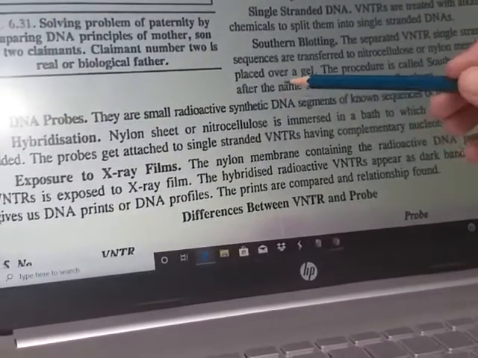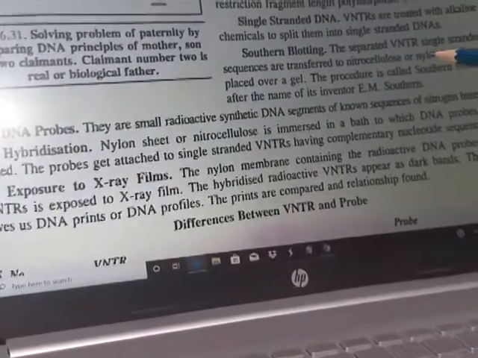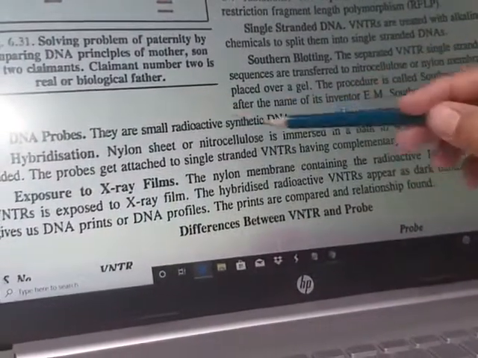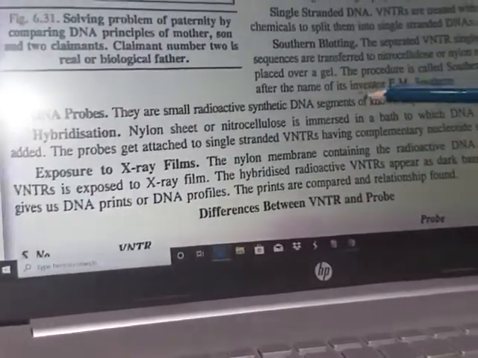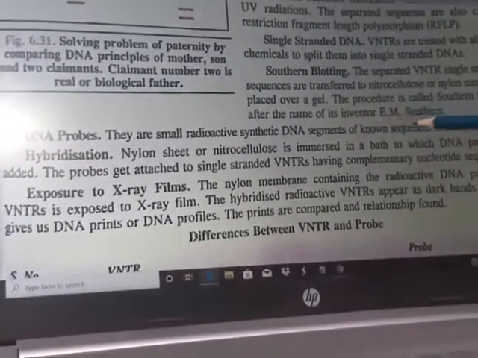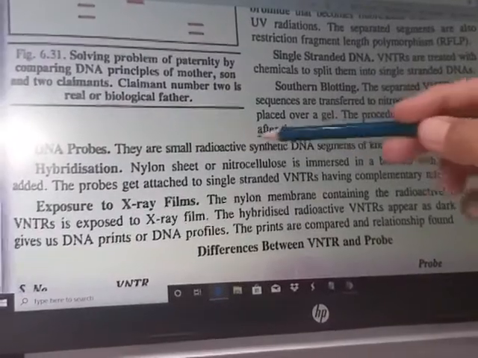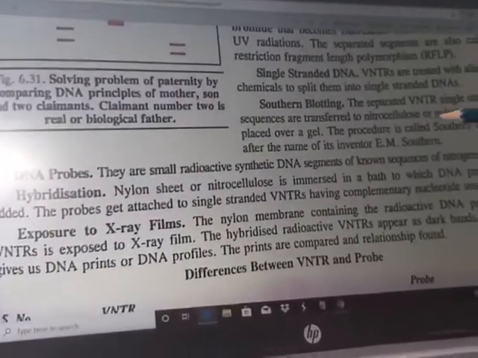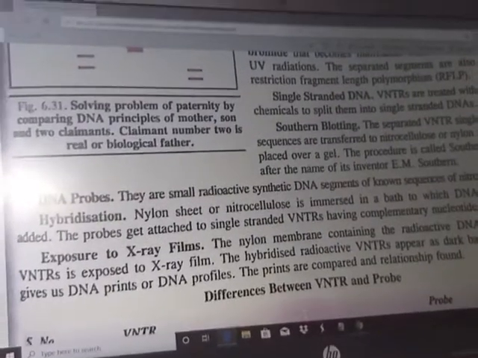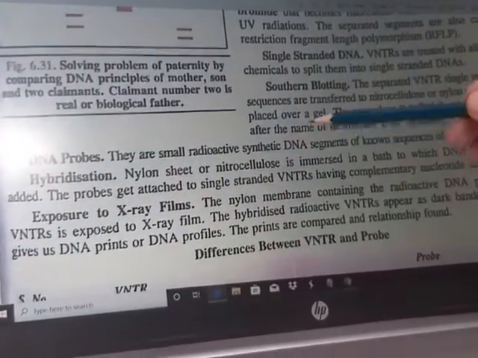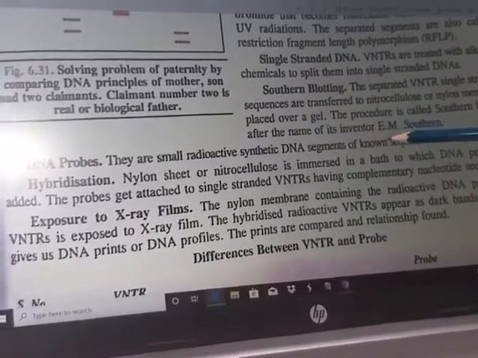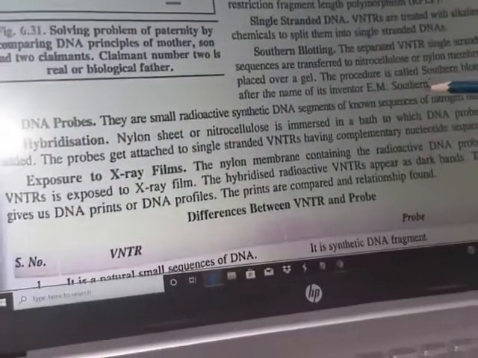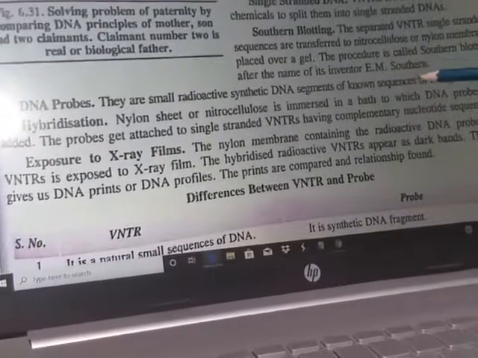Also, it is radioactive. So, these 3 points are very important. It means we have prepared or got a ready-made kit with known sequences and radioactive in nature. Other DNA obtained from the cell was not at all radioactive. That was natural. Now we have got some radioactive strands of DNA, and these are single stranded also.